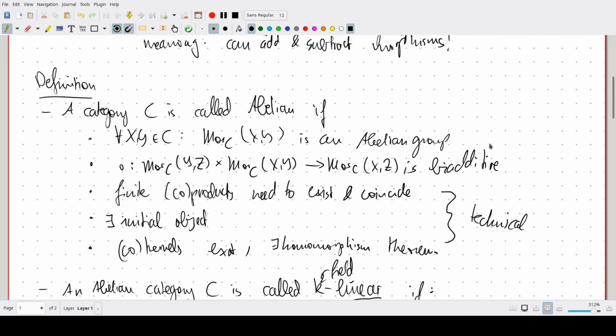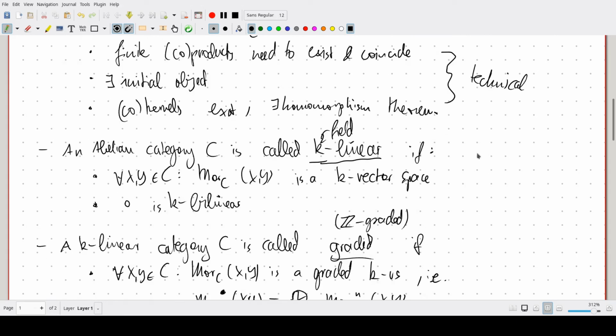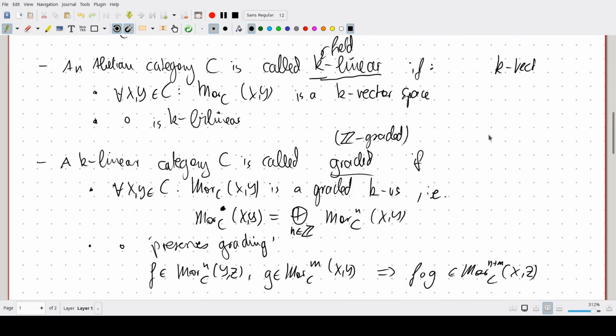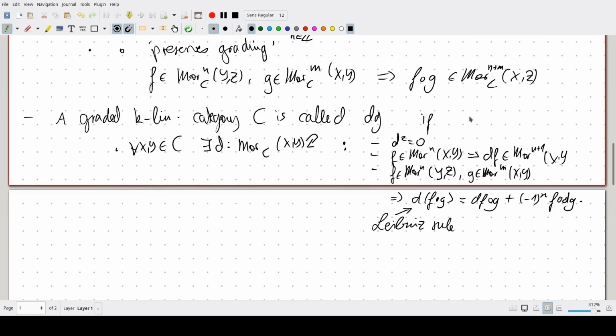But since we have these technical extra conditions, what we defined here are actually more than just categories enriched in the category AB, or k-vect, or graded k-vect, or DG k-vect, but actually a bit more.